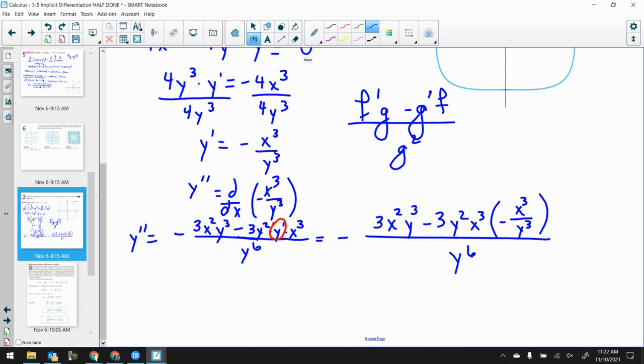Okay, let's simplify that a little bit. So y double prime is equivalent to, we got negative, then we got a 3x squared y to the third. I'm going to take this negative and turn it into a positive, plus up top. And then we've got a 3, okay, y squared, and then a times 1 over y to the third.